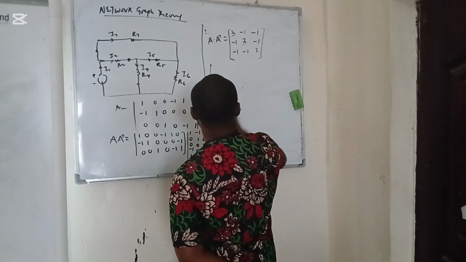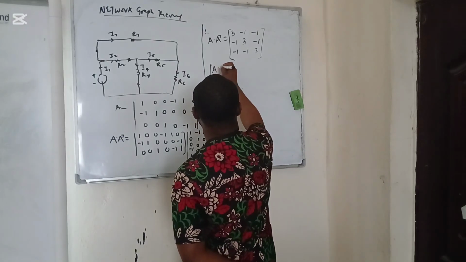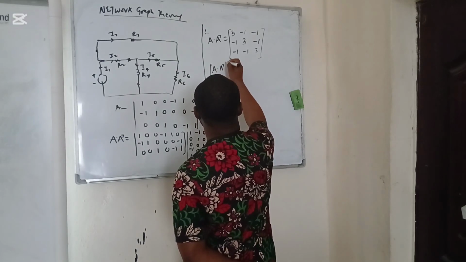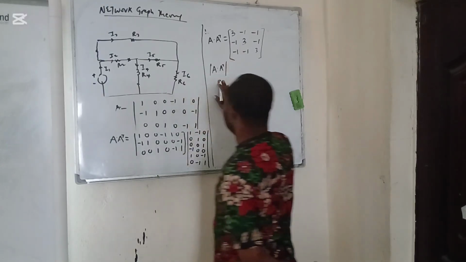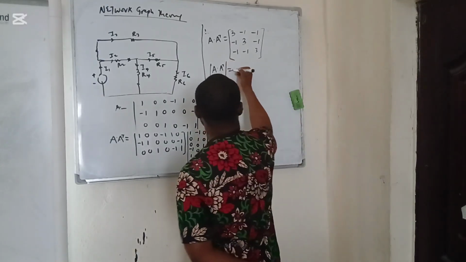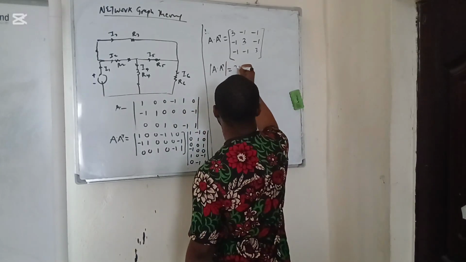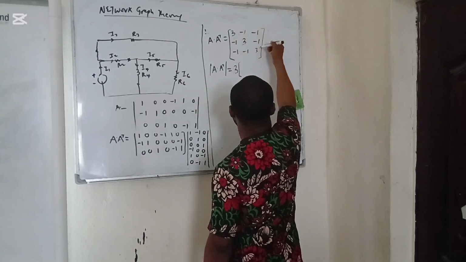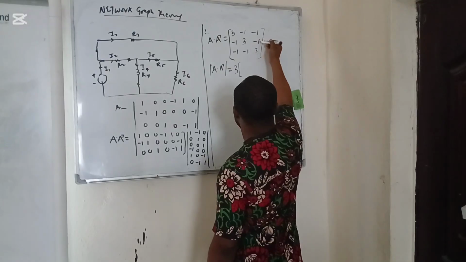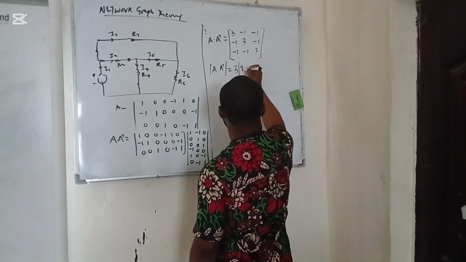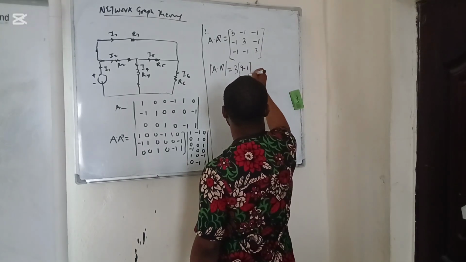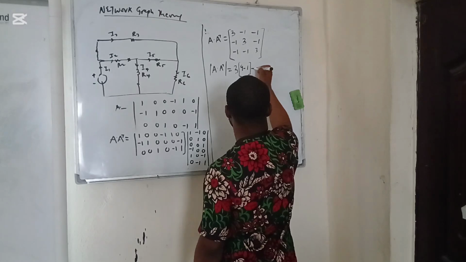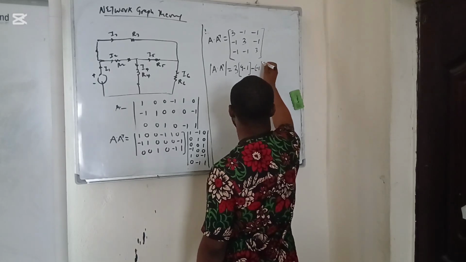So the determinant of this is actually this into you cross this, so this times this minus this, so we're having 9 minus 1. So this have 0 or minus already, we have minus 1.